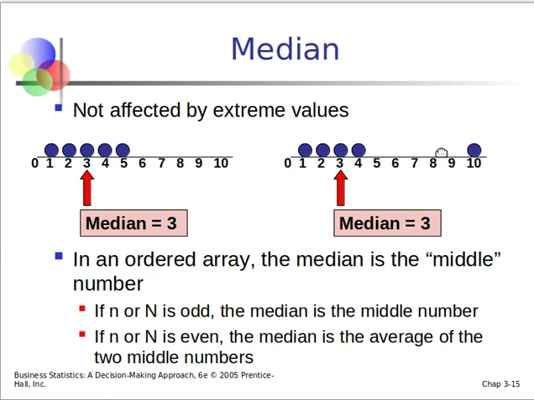Here also, although one is an extreme value, the median still remains the same. It is the third element of the data set. It's the same. Parehas, it's not affected by extreme values.